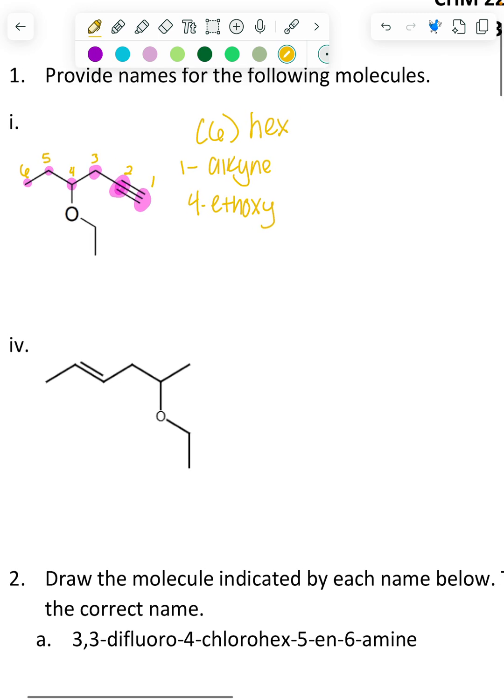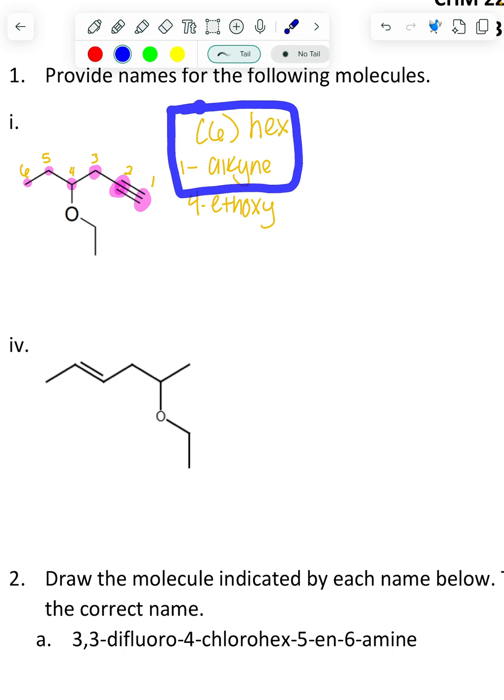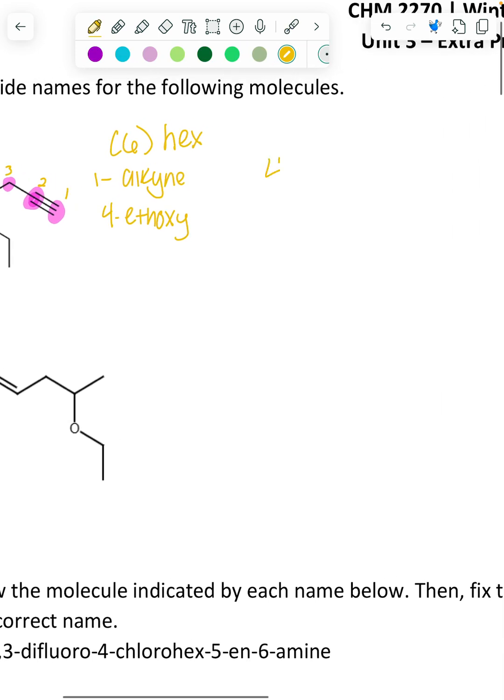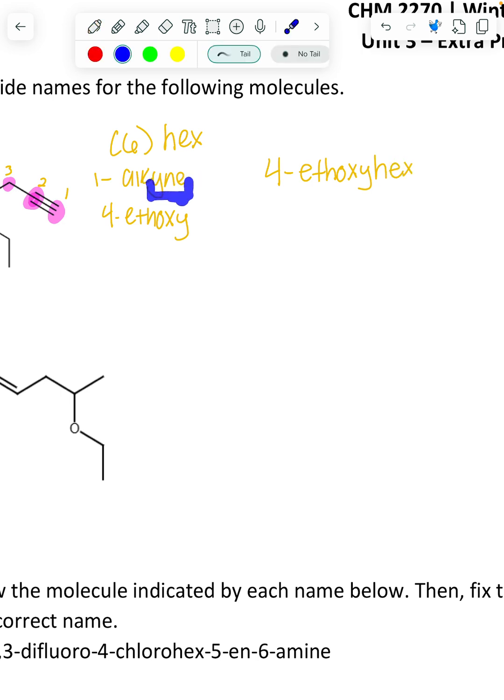Then these are going to be at the end of the name. So we're going to start this with 4-ethoxy. Then we're going to add this hex, and then we're going to add this yne. And I'm going to add the 1, because if it wasn't on the first carbon, you'd have to add it.